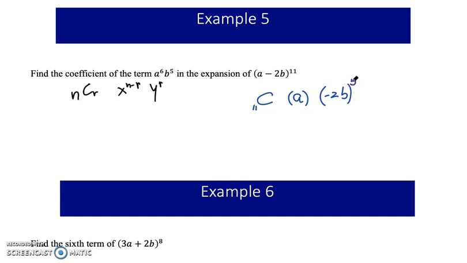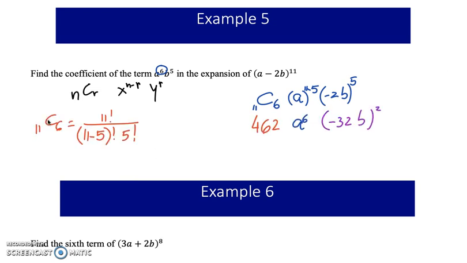So, 5 will be my r in this case. The whole expansion is raised to the power of 11, so my n will be 11. So, this will be 11 minus 5, so power of 6, we see it here. And this one will be 11 choose 6.